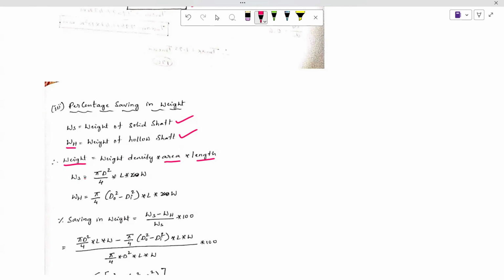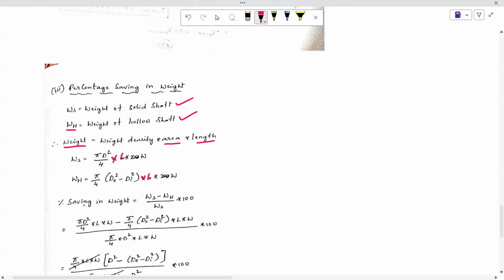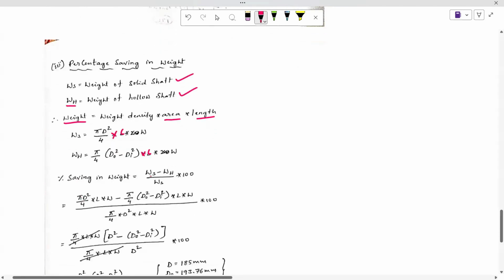So Ws is equal to pi d square by 4 into L multiplied by weight density. The weight of the hollow circular shaft will be equal to pi by 4 (d naught square minus di square) into L, area into length into weight density. So percentage saving in weight is equal to (Ws minus Wh) divided by Ws, multiplied by 100.